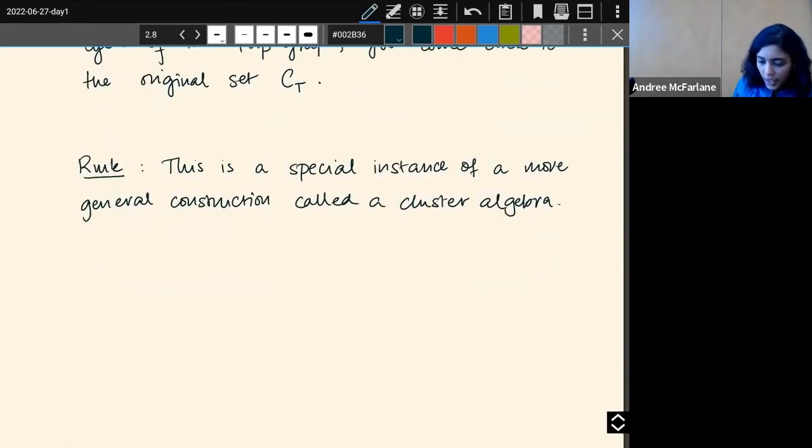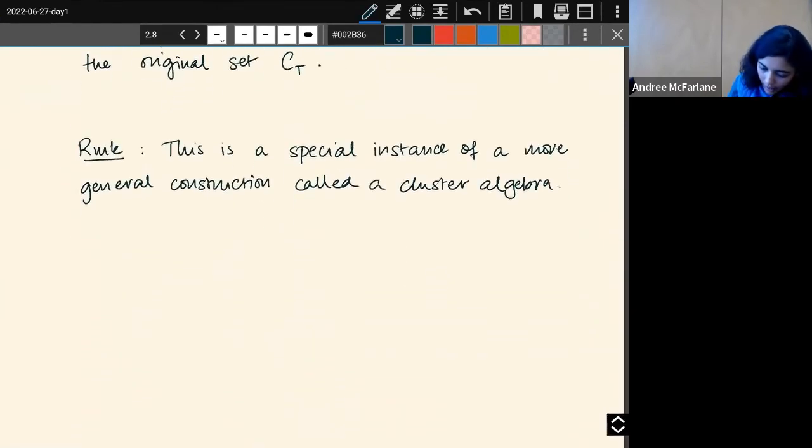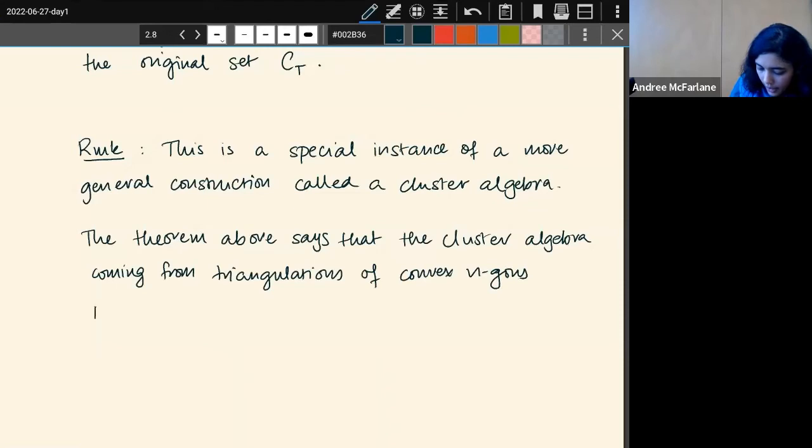And the operation that I mentioned to you here is saying that the cluster algebra coming from triangulations of convex n-gons is of finite type, meaning it has finitely many clusters.